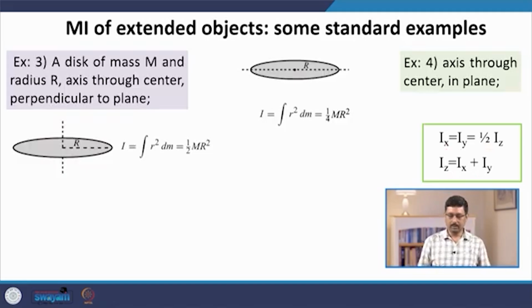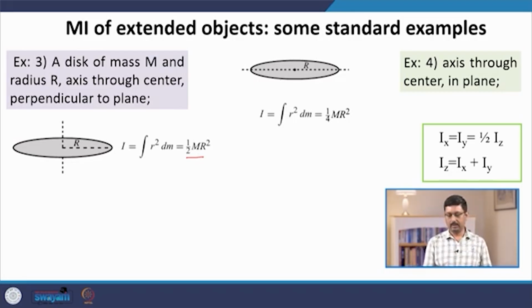Your third example is to take a disc. So, now we fill up the ring and it is a disc. As a filled circle, again the mass is m and radius r, and we take the z axis which is perpendicular to the plane, and in this case the moment of inertia is half mr square.